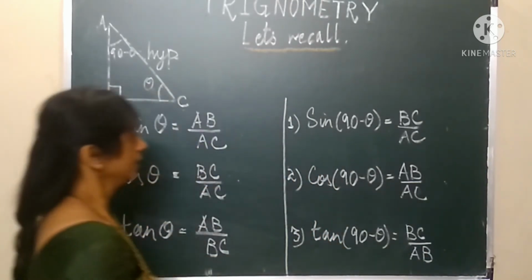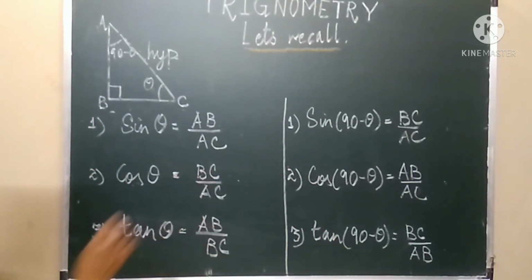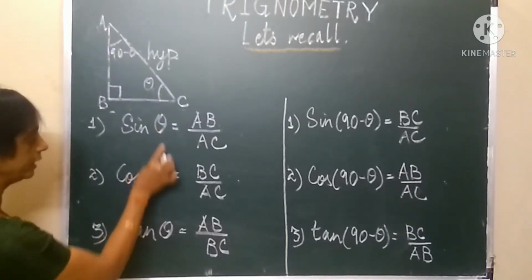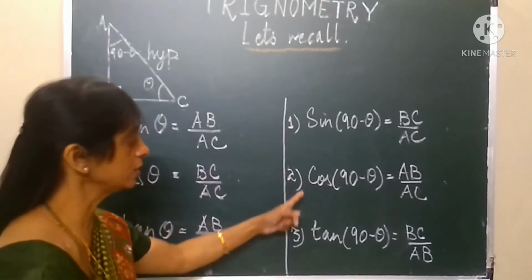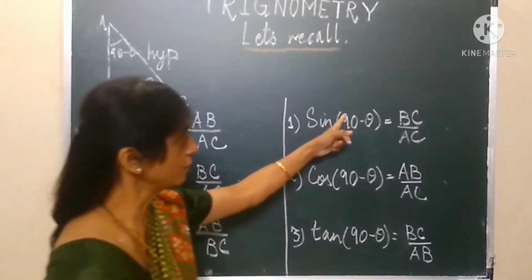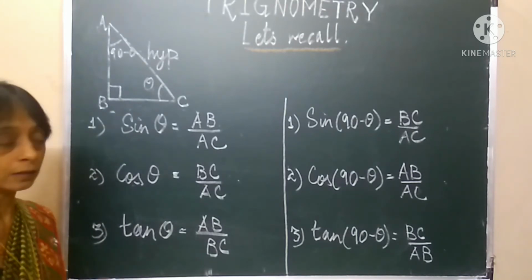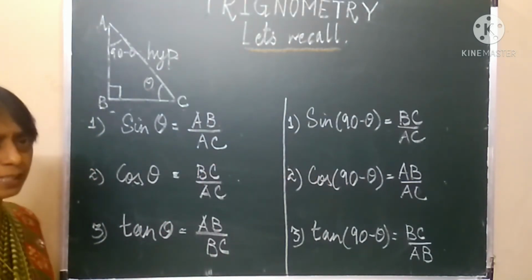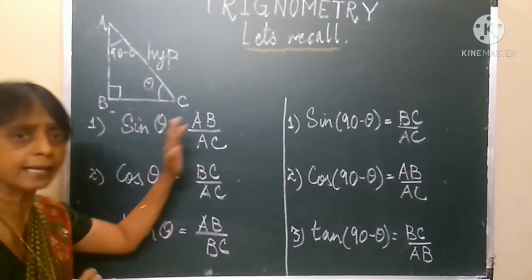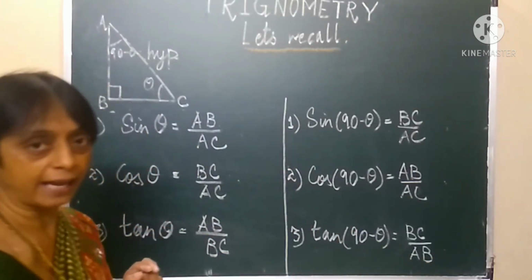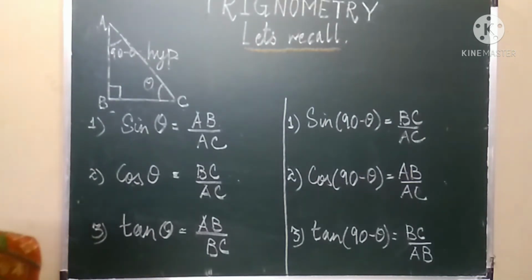Now children, let's look at the answers that we got on the board. Sine, cos and tan for one acute angle. Sine, cos, tan trigonometric functions for the other acute angle. If we look at them, we see that sine of one angle, its value is equal to a trigonometrical function of the other angle. So let's check.